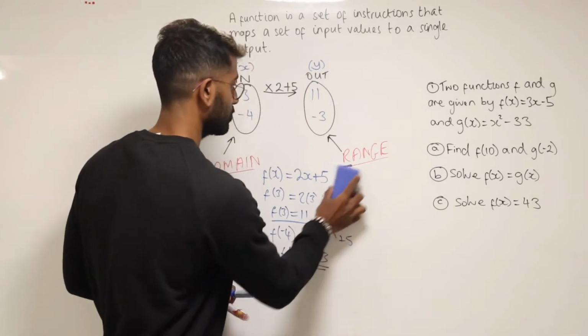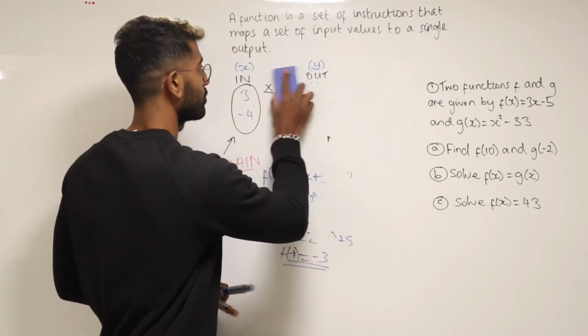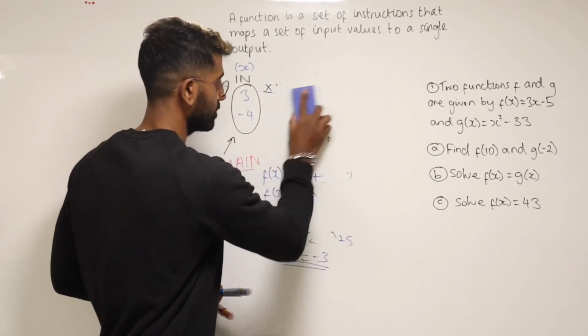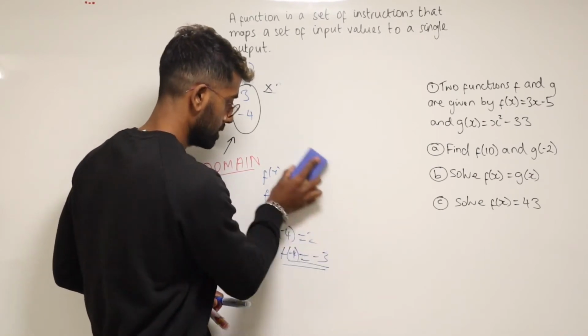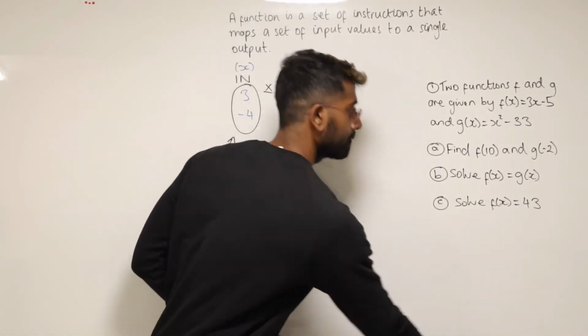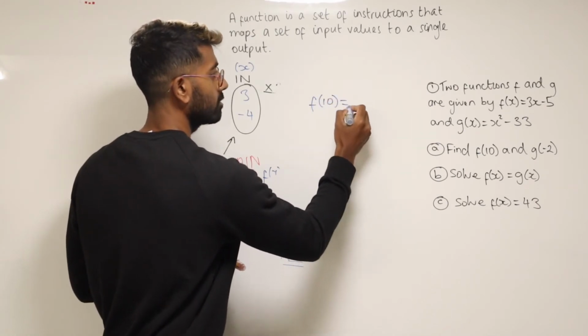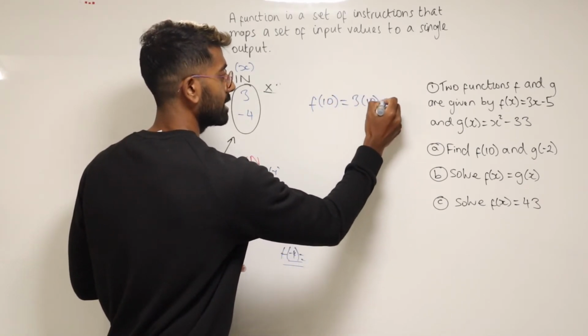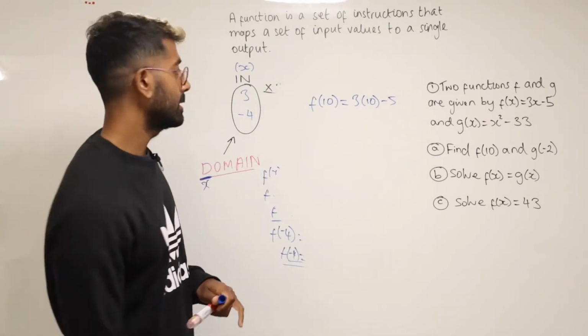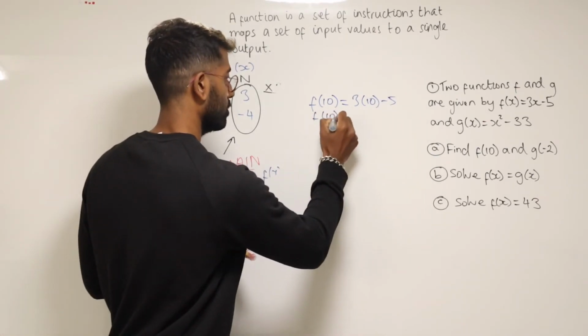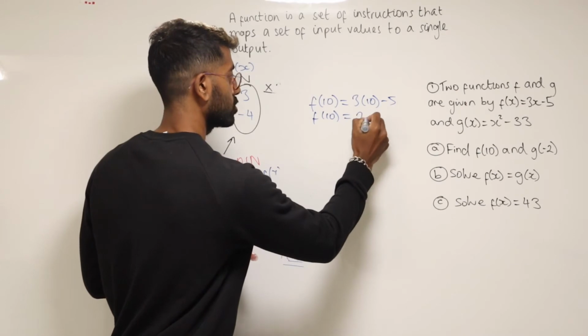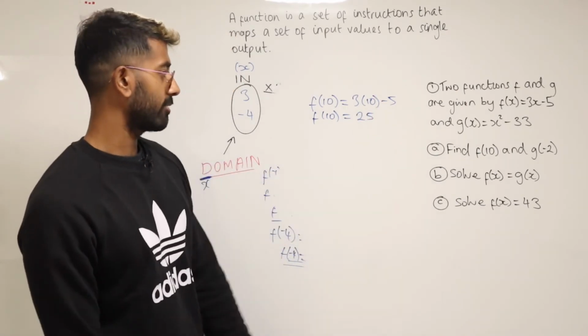So if we are trying to find f of 10, we need to replace the x with 10. That means f of 10 is going to be 25, that's 30, take away 5.